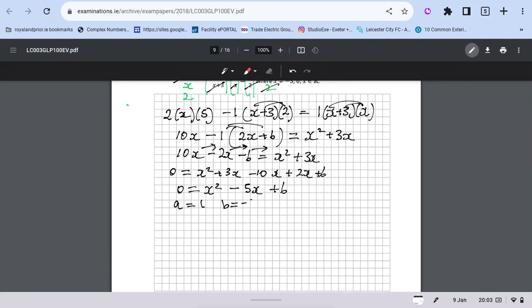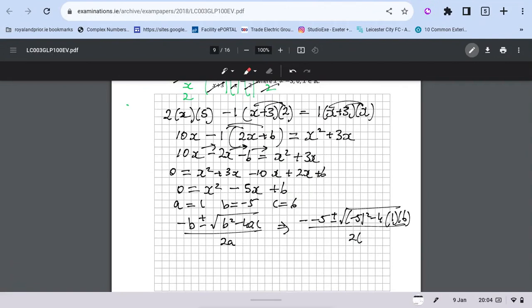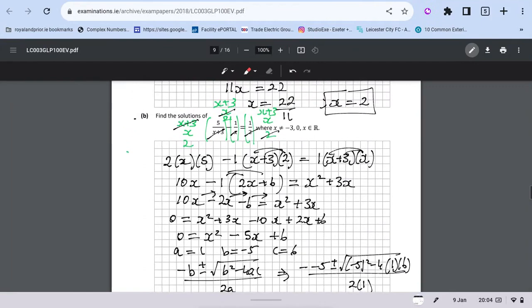A's 1, B's minus 5, C's 6. Throw that into your formula. And when you work that out, you get x is equal to 3, x is equal to 2. And that's your answers there.